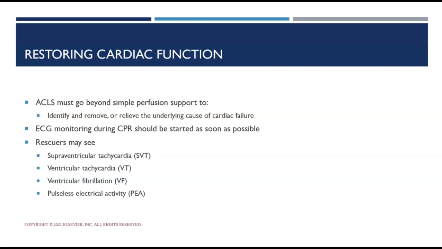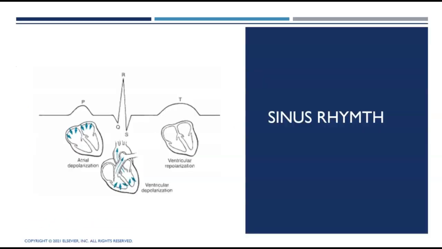And if we don't correct that, they're going to end up in ventricular fibrillation, where the ventricle is not pulsating at all, not contracting at all. It's just fibrillating. And then finally, I could end up in PEA, which is pulseless electrical activity, or asystole.